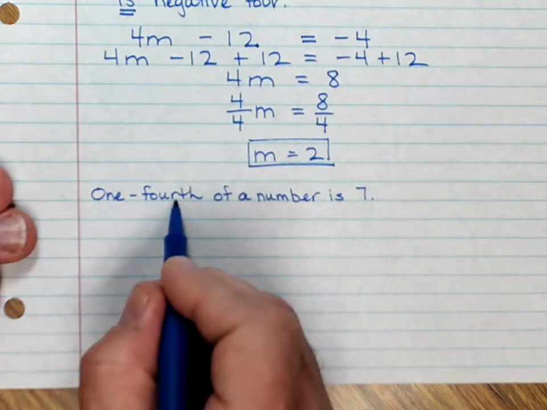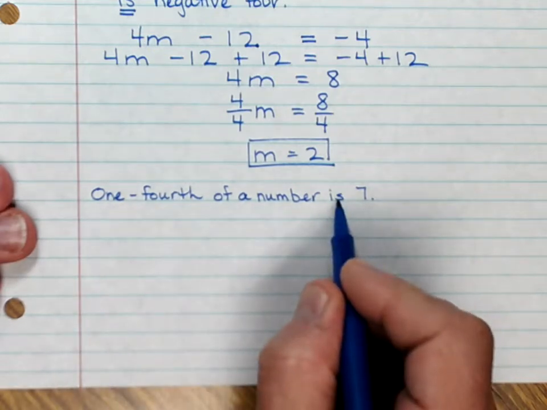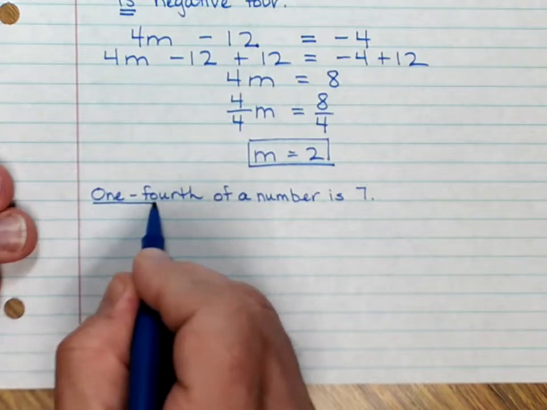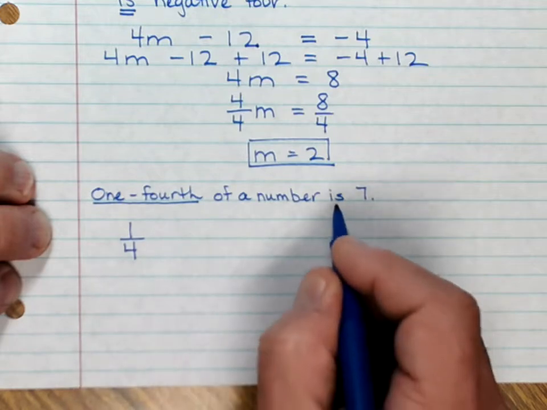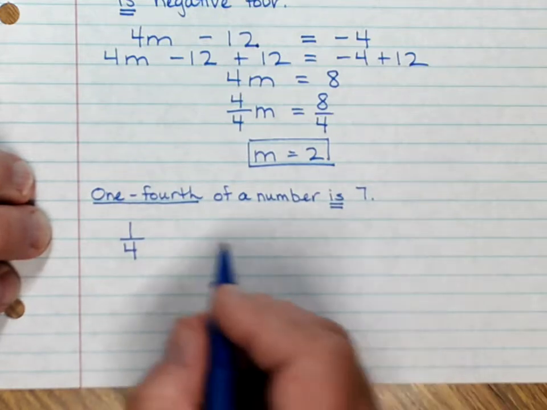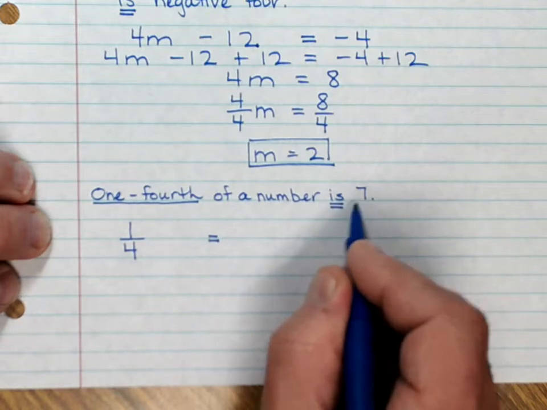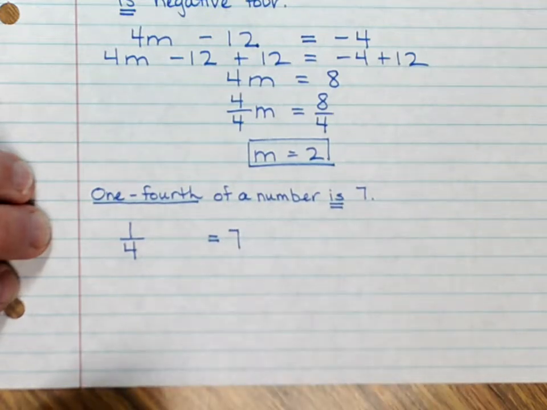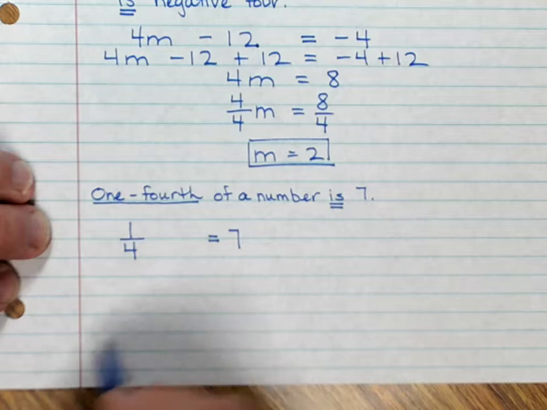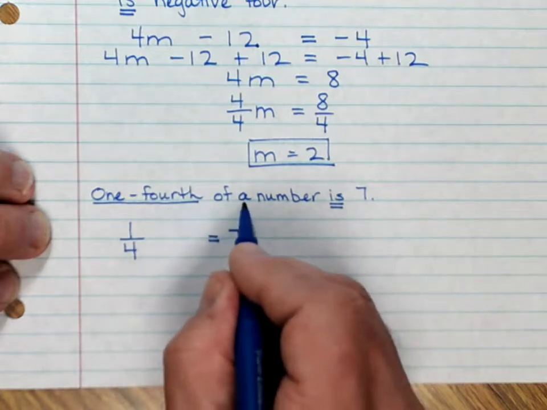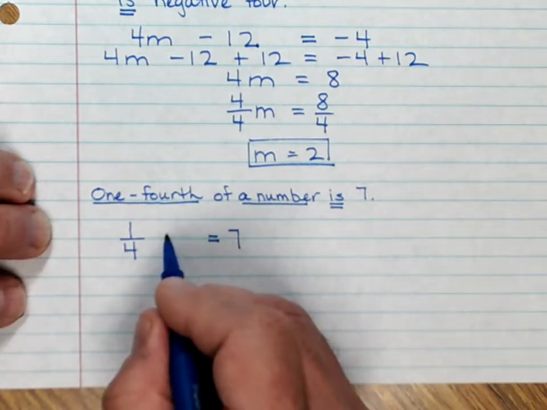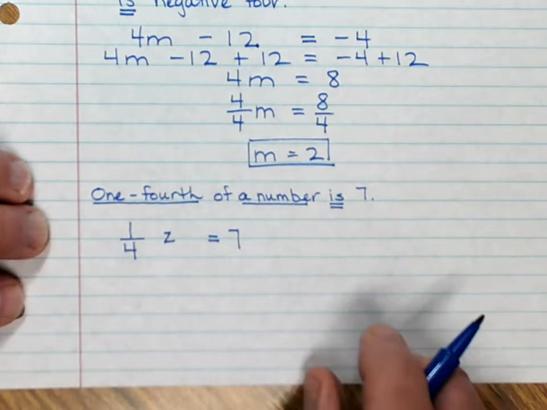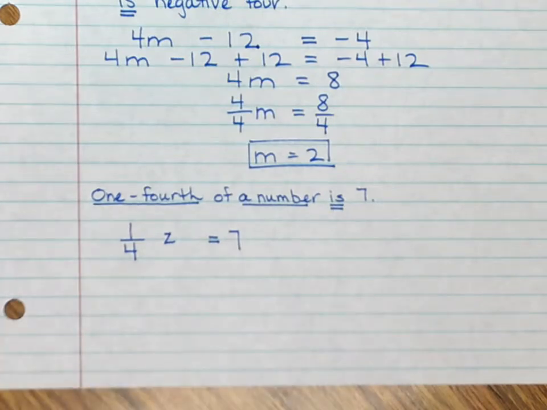Well, 1/4 and is should be jumping out at you. 1/4 is a fraction, so that's 1/4. Is your equal sign, and it is 7. So then the only other thing we have to do is come up with a variable, because it's 1/4 of a number. So 1/4 of, let's say, z.